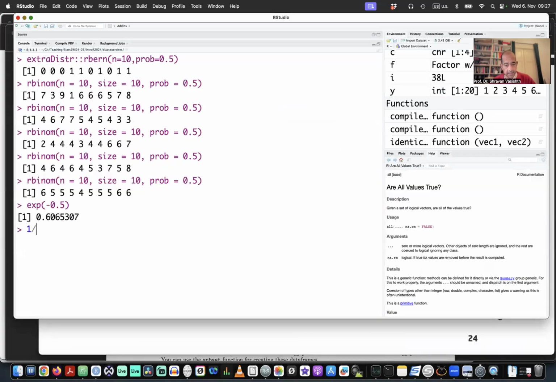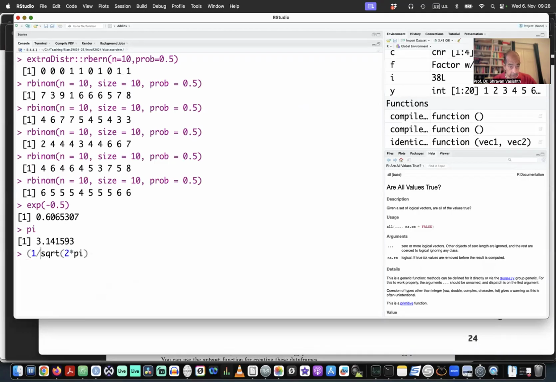It's 1 divided by square root of 2 times pi. Pi is actually a reserved word in R, okay? 22 over 7 is pi. So it's 1 over square root of 2 times pi.